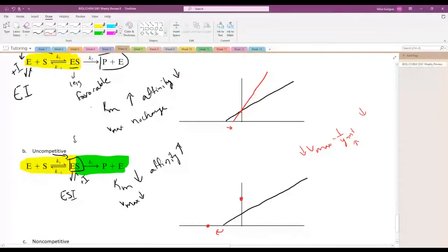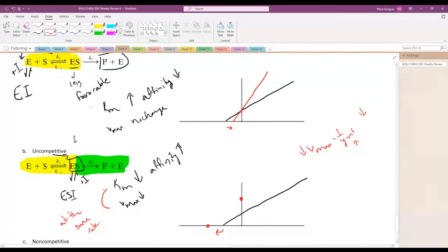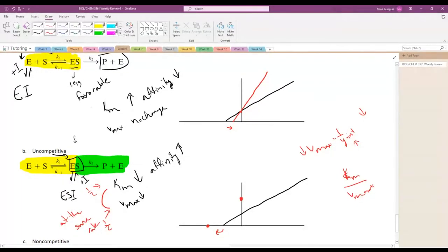And I think this is fascinating, their decrease is at the same ratio. So if this gets halved, this also gets halved, right? So what does that tell us? It tells us that the slope, which is Km over Vmax, doesn't change.